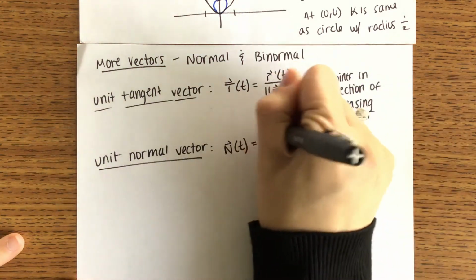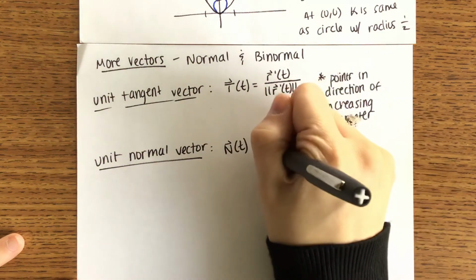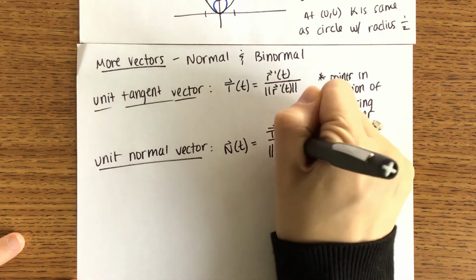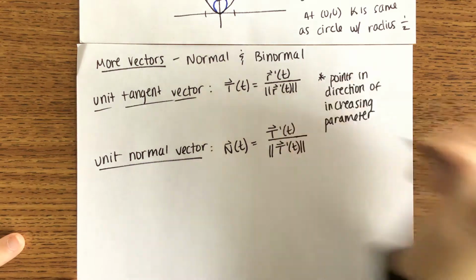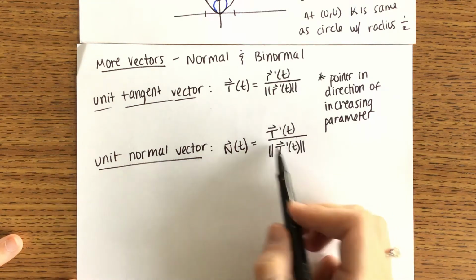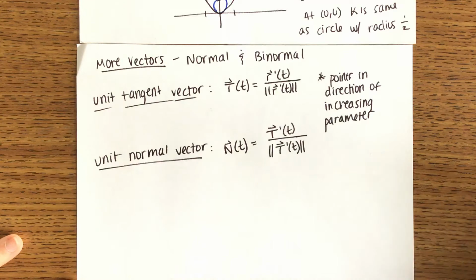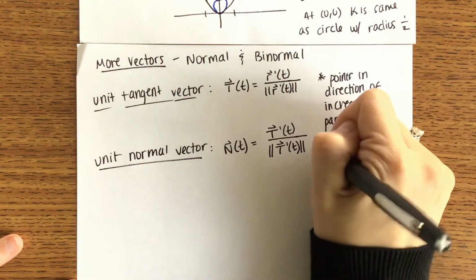So this will be T prime of t divided by its norm. One thing that this points out to us that's very important: if this is a unit vector and you take a derivative, it's not necessarily still a unit vector. So you do need to make it a unit vector again.